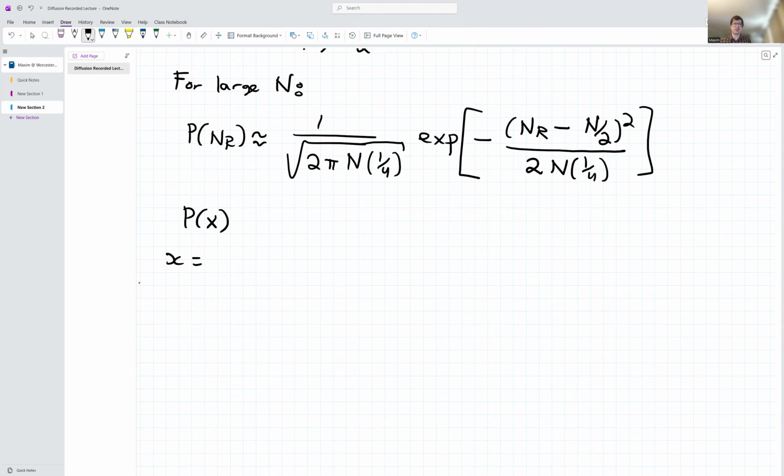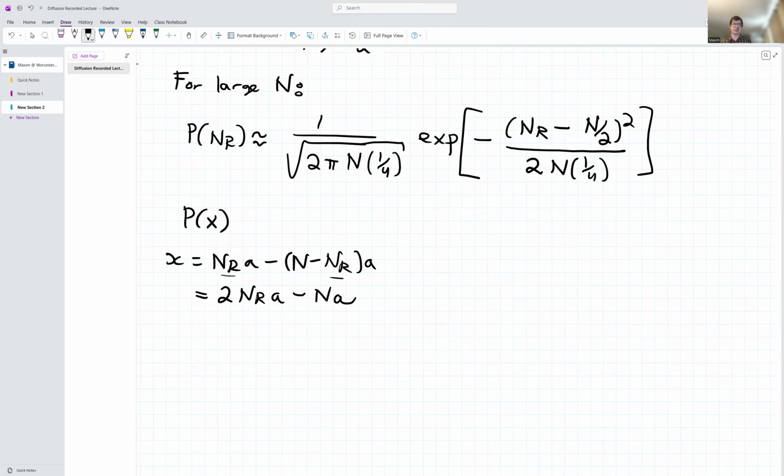If x is equal to n sub r a minus n sub l a, this is equal to 2 n sub r a minus n a.